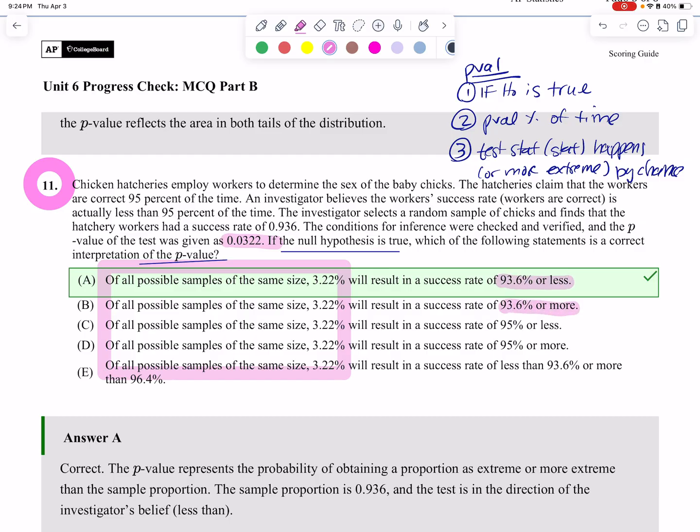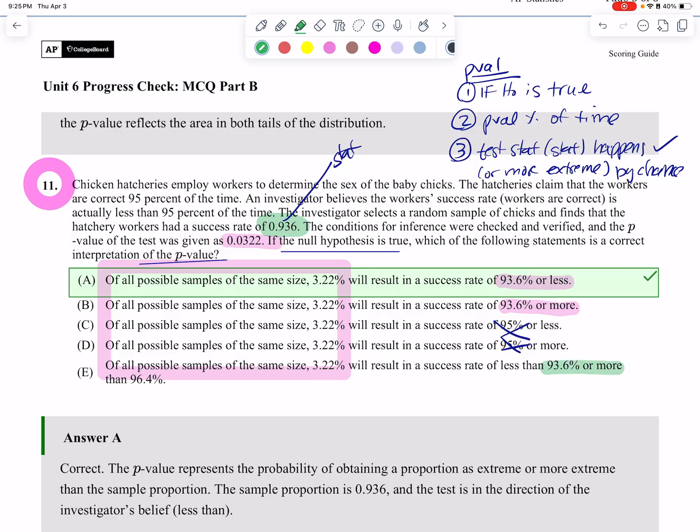And then, okay, so we know that 93.6% is my statistic. So that's what I'm going to be using. Remember, that's right here, the part 3. So we definitely know that these are not right. Or wait, this could be right.